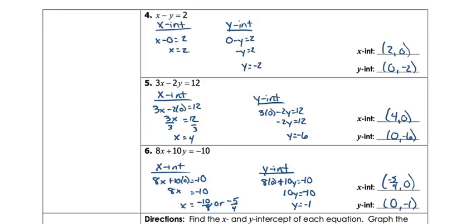All right, so for number 4, my x-intercept was 2, 0. My y-intercept was 0, negative 2. And then for 5, my x-intercept was 0 for y, 0, negative 6. And for number 6, my x-intercept was a fraction, negative 5 over 4 after I simplified. So negative 5 over 4, 0. And then the y-intercept was 0, negative 1.